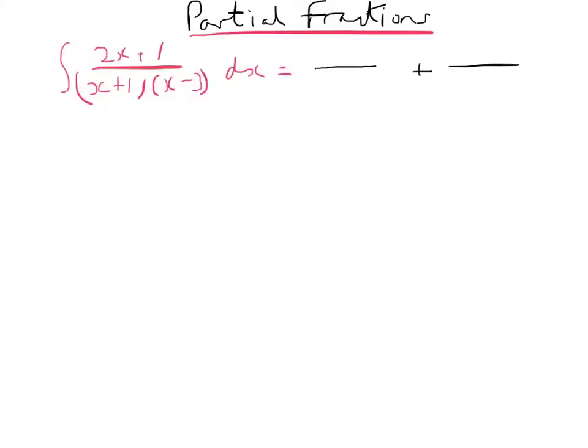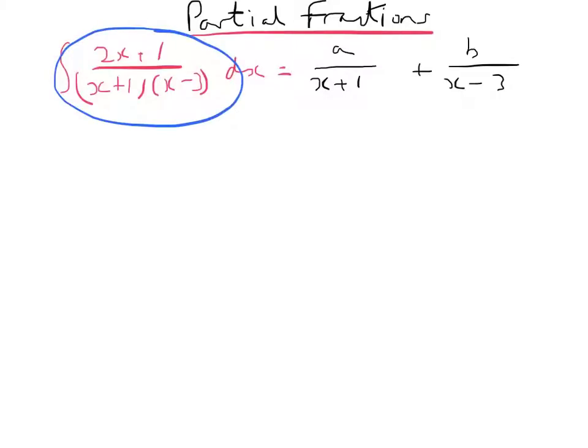Because we can see the denominator's got an x plus 1 and an x minus 3, we can then say that we would have had two fractions that got added together in the first place. Now we're not anti-differentiating yet, we're resolving into partial fractions. So there would have been something over the first fraction and something over the second fraction, and that together when added would have produced a function that looks like this.